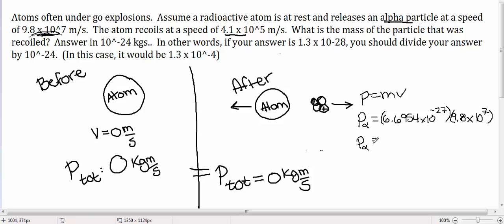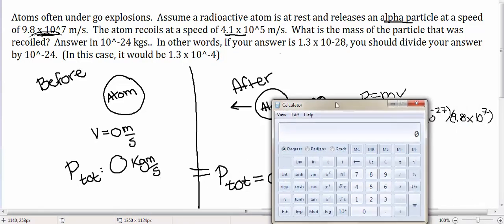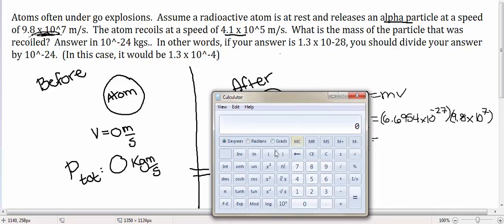When I put this into my calculator, I want to make sure that I use parentheses so that I keep all of my numbers. So I'm going to do parentheses 6.6954 times 10 raised, so I have to use an exponent, and on my calculator that's x to the y, raised to the negative 27.